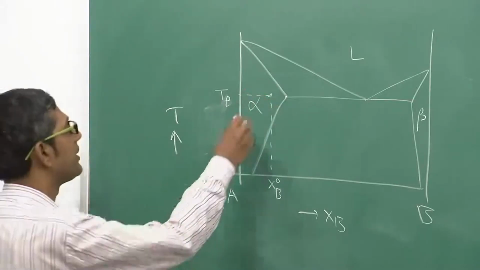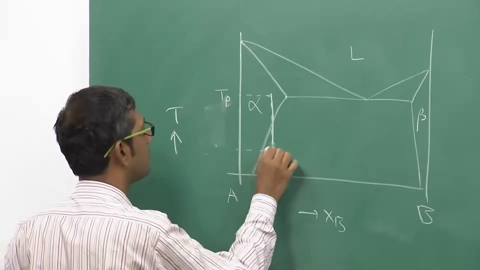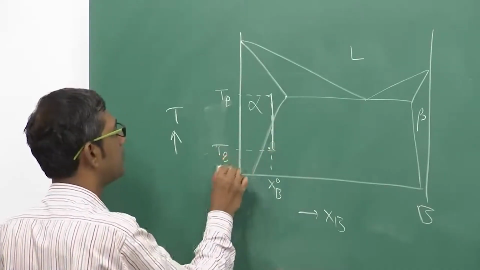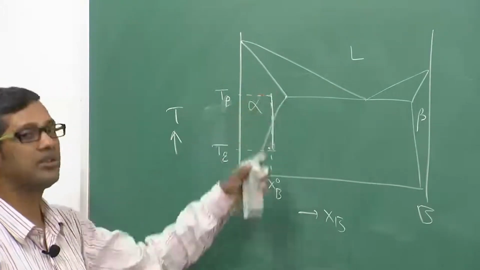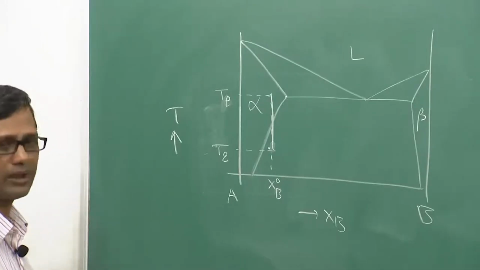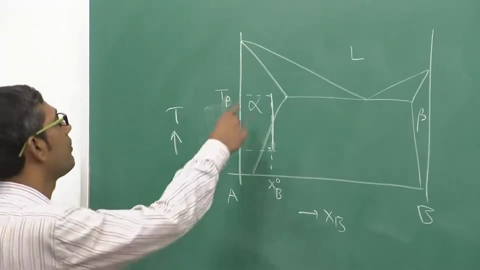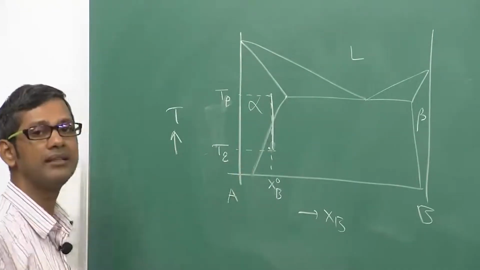Now if I quench it to temperature T_Q, that means I heat the alloy at temperature T_P and then drop the sample into liquid water or liquid nitrogen, whatever, what will happen? This alpha phase will be retained at temperature T_Q.